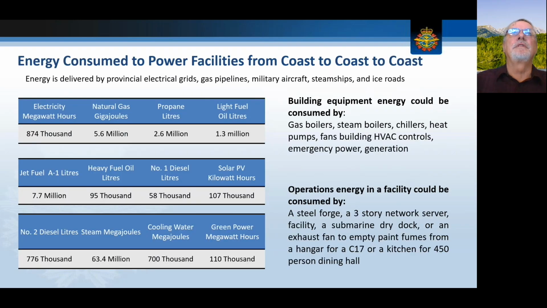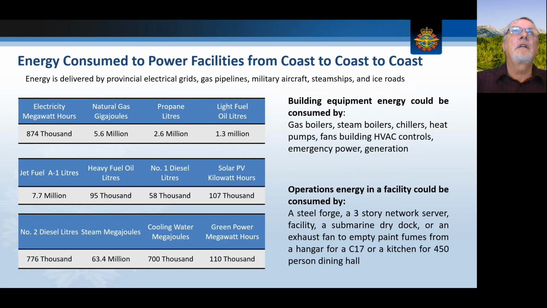So just by the numbers here, some of the energy that we consume from coast to coast to coast, right? And it's delivered to us by electrical grids, by the gas pipelines, but it's also delivered by military aircraft, by steamship, and by ice road.